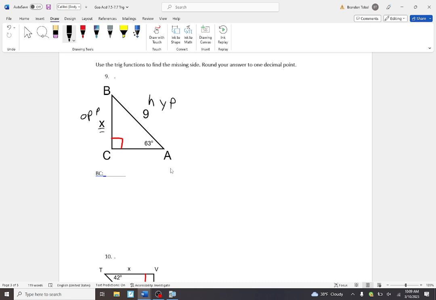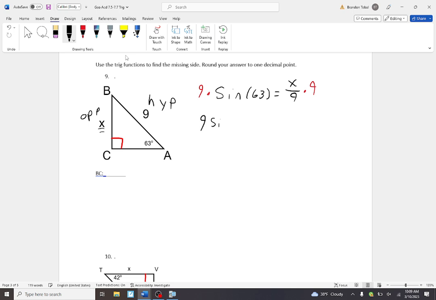Wait a second, I have opposite and hypotenuse, so I'm using SOHCAHTOA to figure out opposite hypotenuse. That must mean I'm using sine. So sine of 63 equals opposite x over hypotenuse 9. My issue is I want to solve for x. I have to multiply on both sides. What number? 9.